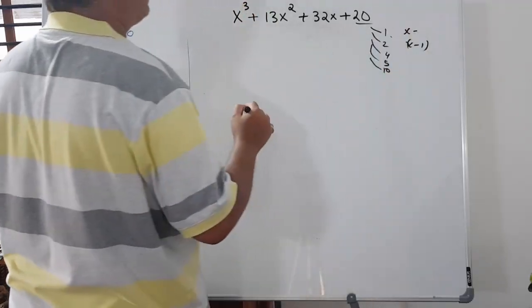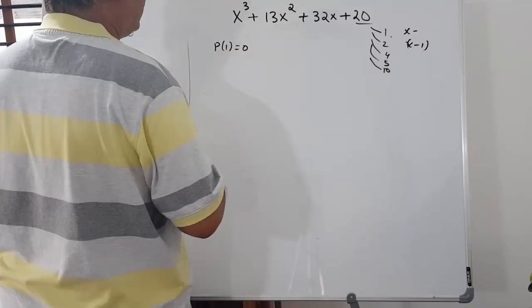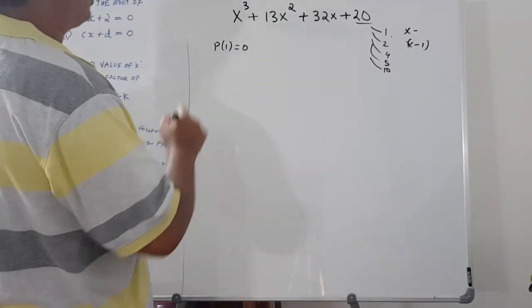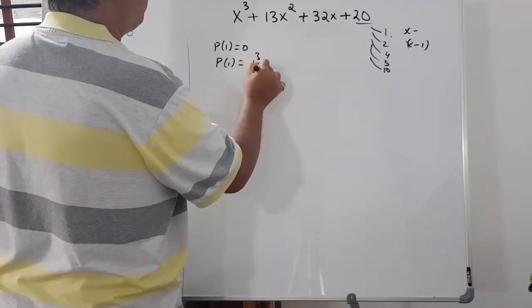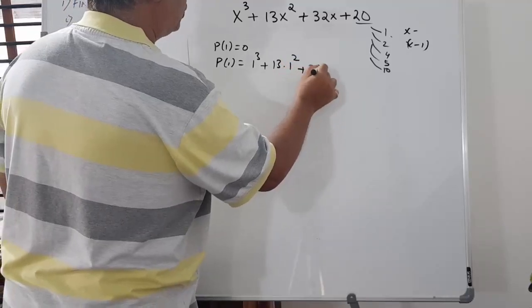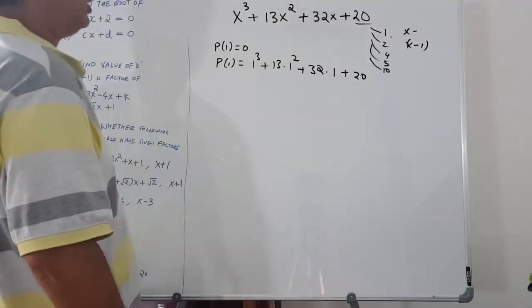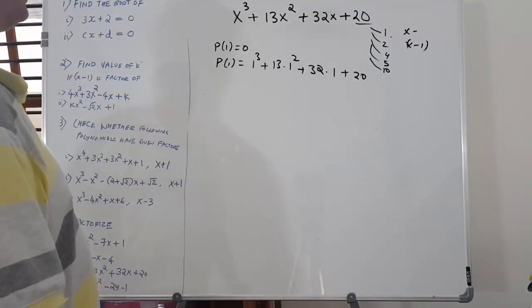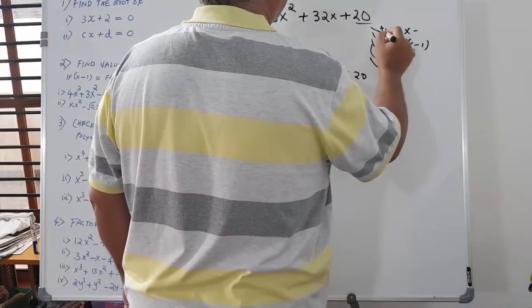If x minus 1 is a factor, then p of 1 should be equal to 0, correct? According to the factor theorem. So let us try p of 1. What is p of 1? P of 1 is equal to 1 cube plus 13 into 1 squared plus 32 into 1 plus 20. Definitely this is not a factor. Here you can try both plus and minus.